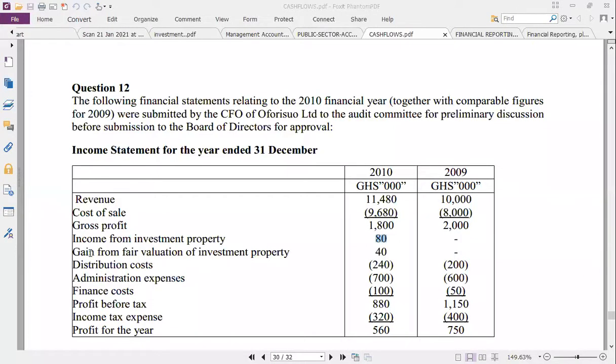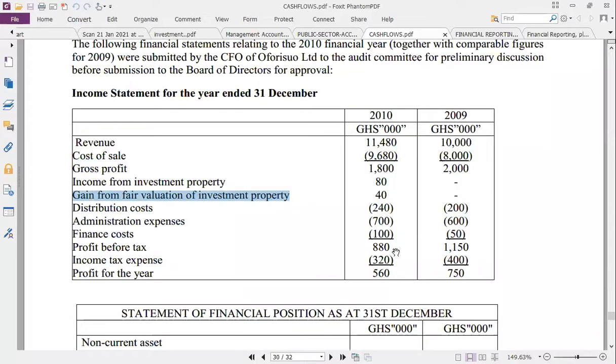I can see gain from fair value, 40. I need to reverse it. It's not part of operating cash. So this 40, I have to reverse it. This is non-cash. If the fair value has increased, it is not that somebody has given you money. No money. So this is a non-cash item, which needs to be reversed. This is not different from depreciation and impairment.